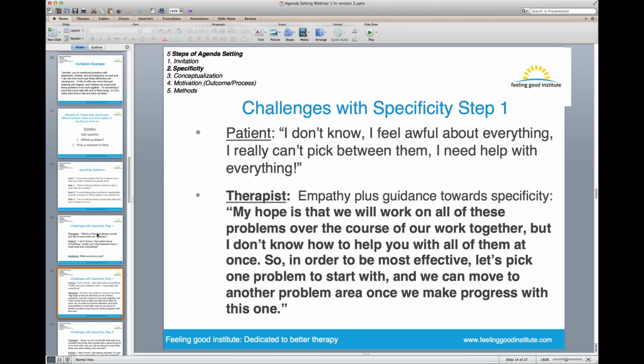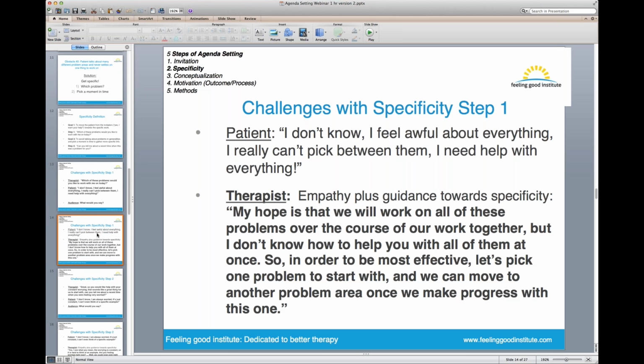So I would offer some empathy and then say, my hope is that we'd work on all of these problems over the course of our work together. But I don't know how to help you with all of them at once. And so in order to be most effective, let's pick one problem to start with, and then we can move to another problem area once we make progress with this one. The idea is not to take the bait of overanalyzing which problem is most important. I would definitely go with a problem that seems most pressing.